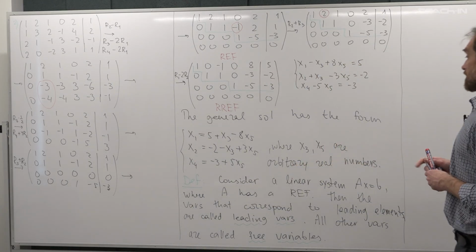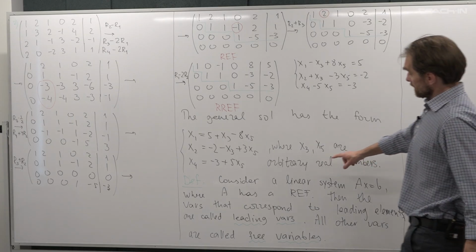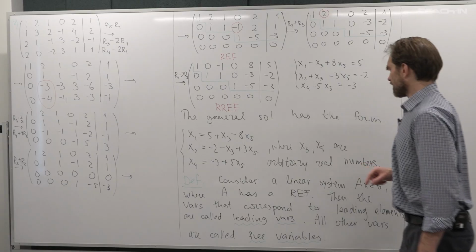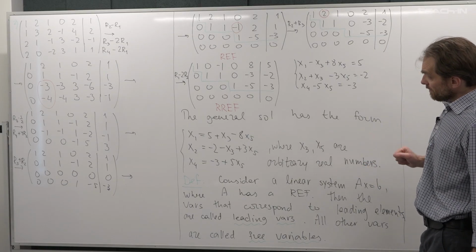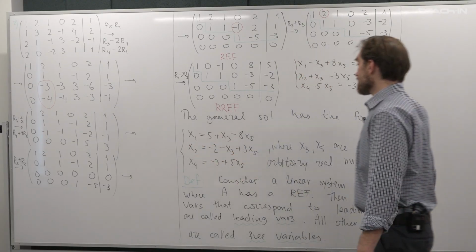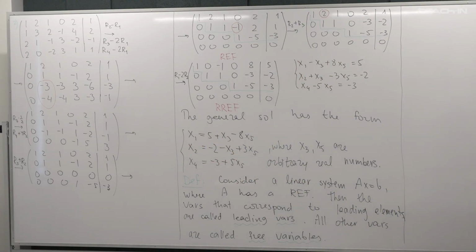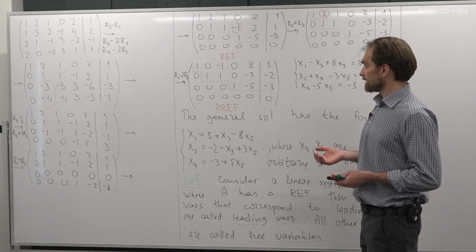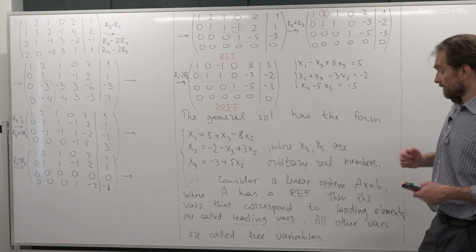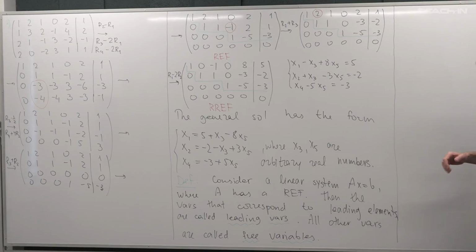Okay, so in our example, variables x3 and x5 are free variables, and variables x1, x2, and x4 are leading variables. And the general strategy is to express leading variables in terms of free variables.